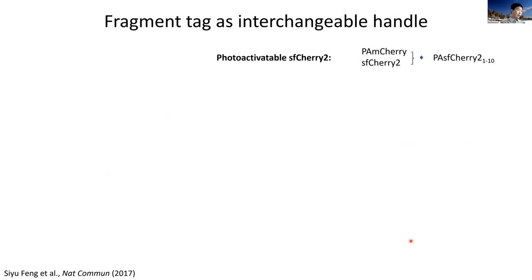For example, the lab has been doing super-resolution microscopy for a while, so we really want to have a photoactivatable fluorescent protein that can be tagged in a similar way.